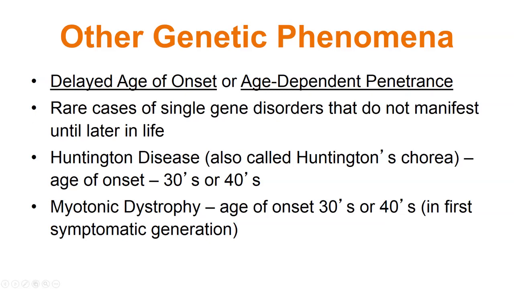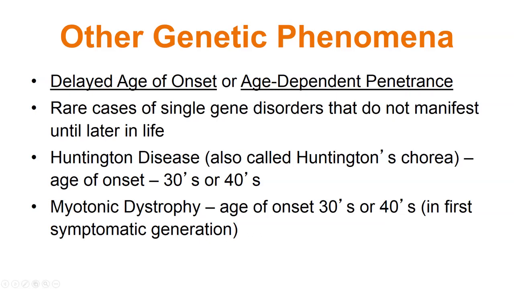With most genetic diseases, you see the symptoms early in childhood. With multifactorial, very often they're later in life. But with the single gene disorders I'm talking about right now, most of the time they manifest very early, but there are a few where you don't see the symptoms until later in life, and that's called delayed age of onset.